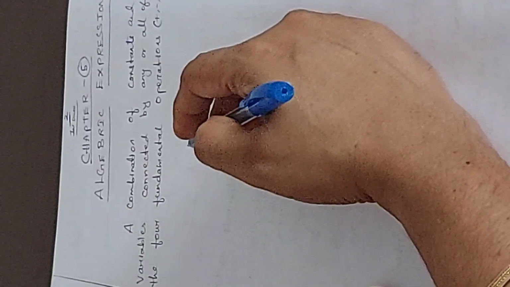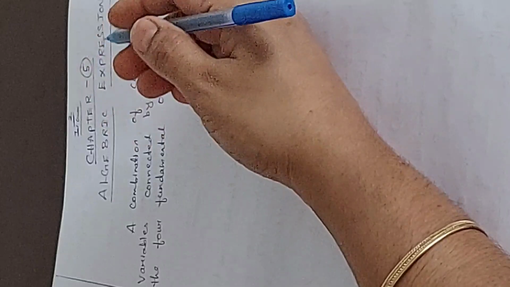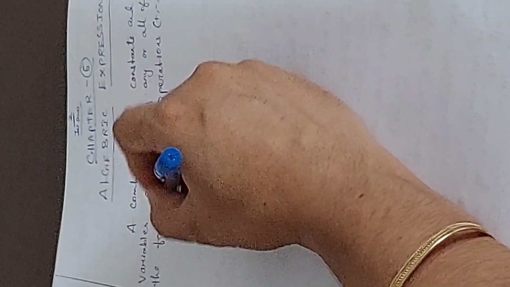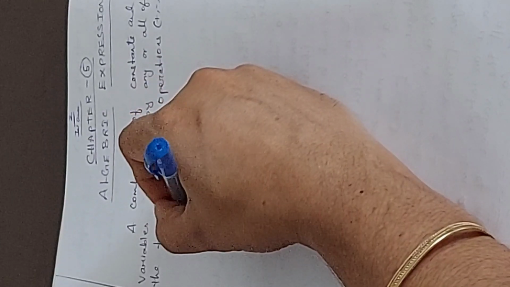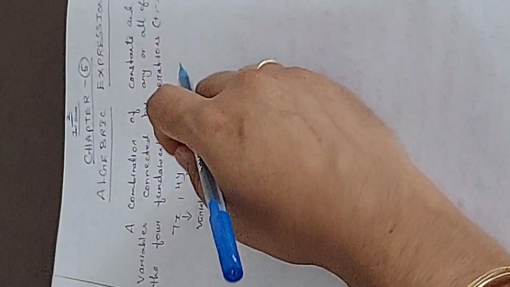Okay, children. So we have already come across expressions like 4a, 5b and 7x, 11y. Instead of just a number we use a variable like x, y. If we connect or combine a constant with a variable, that is 7x and 4y, this x is called a variable, this y is called a variable.